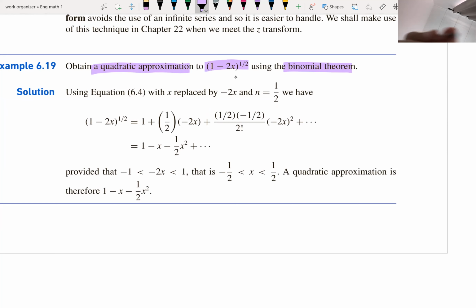Quadratic means up until x squared. So we have to use the binomial theorem. We just write down the basic formula.